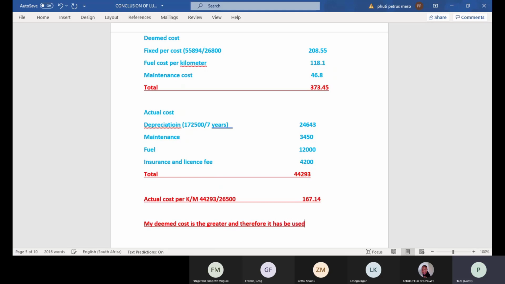It has to be used. And put the amount, you'd say 373.45. That's your deemed. You say deemed. So it will be like 373.45, and then you just disclose it as it is.